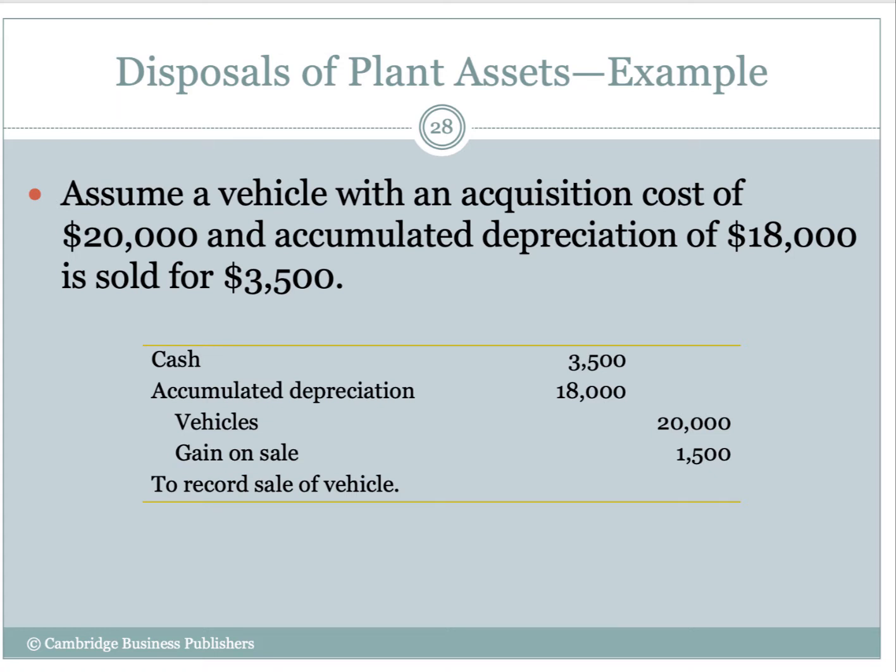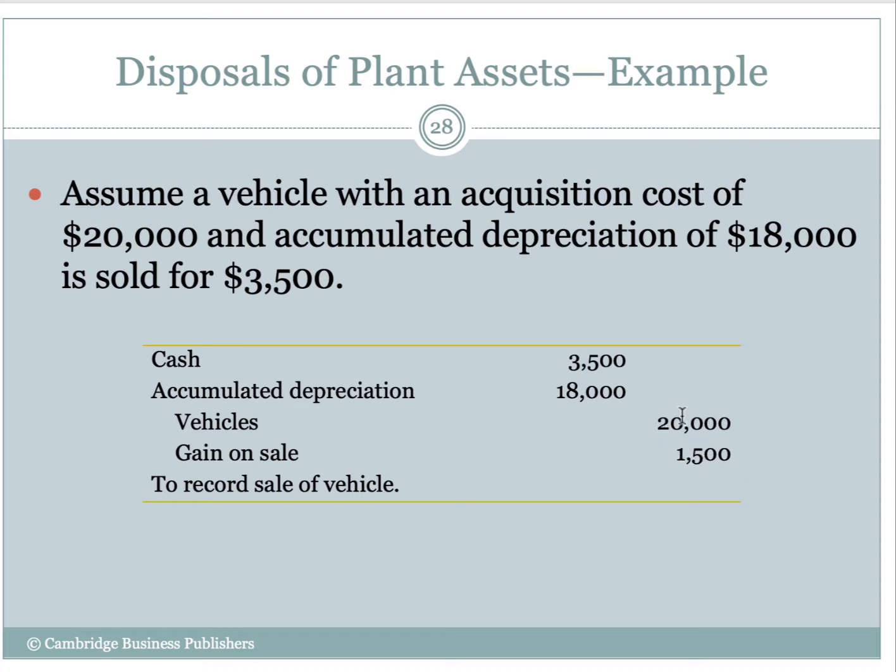Then we need to record the cash proceeds that we received. Well, in this case, we got $3,500. So when we factor all this in, our debits and credits, right? We notice that we're short. Let's just forget about gain on sale real quick.